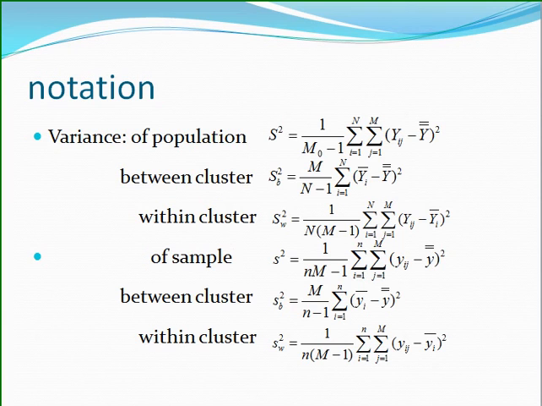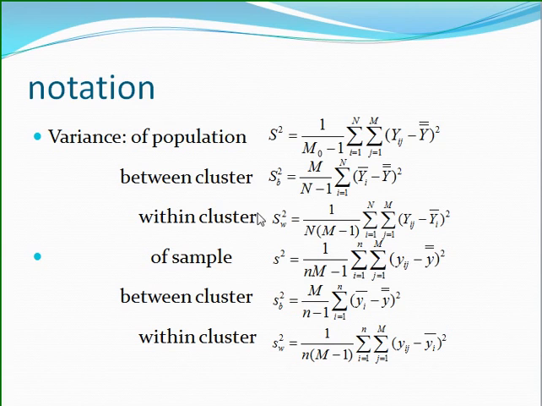Then the variance part. The variance stands for the difference between the units. For each unit, S square is the variance for the population, the difference between each unit. If we consider the unit as a cluster, Sb square is the variance between the clusters, which stands for the difference between the clusters.